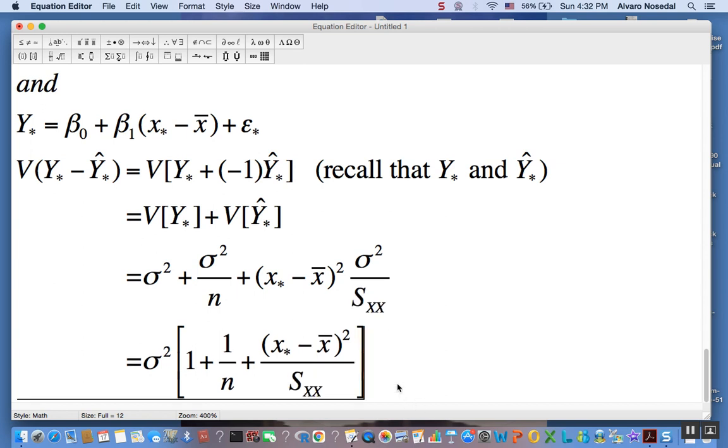Okay, so same thing. So now we have the variance of the prediction error.